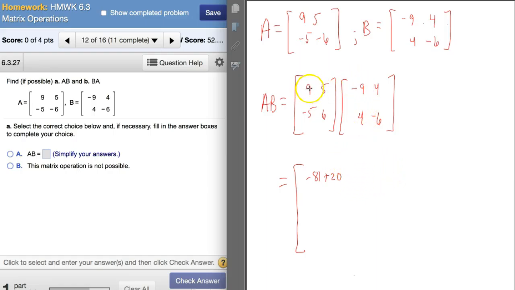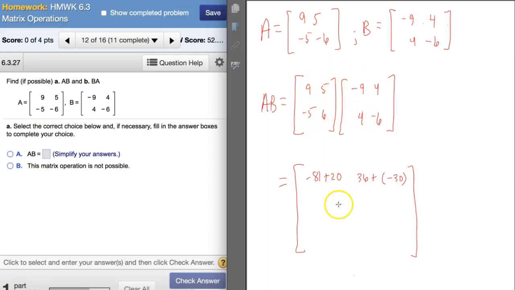Next, we say 9 times 4, which is 36, plus 5 times negative 6, which is a negative 30. So remember, we are doing row 1, column 1 in the first place, row 1, column 2 for the next space. So now we drop down to row 2.